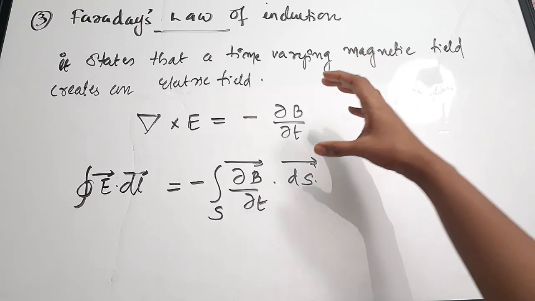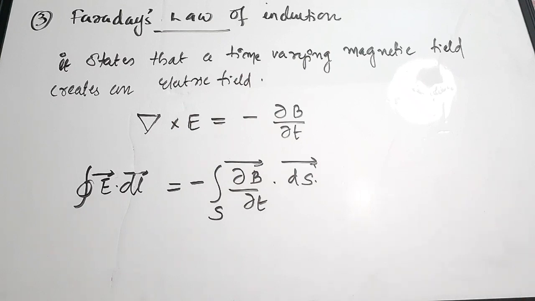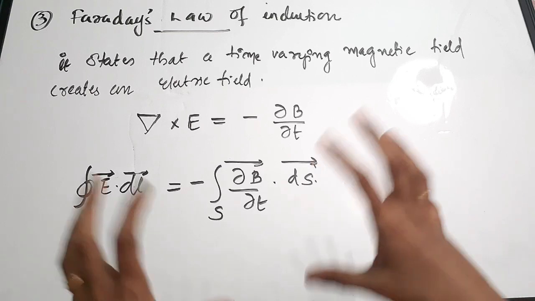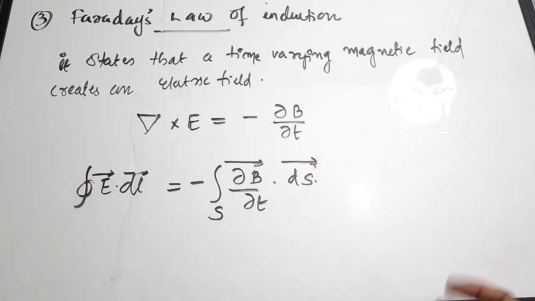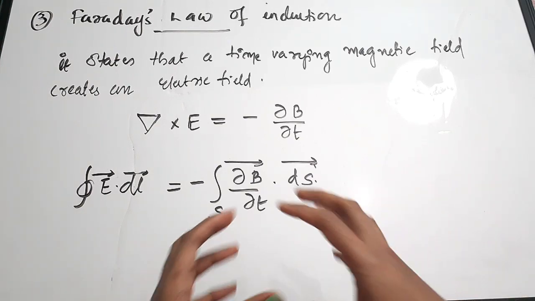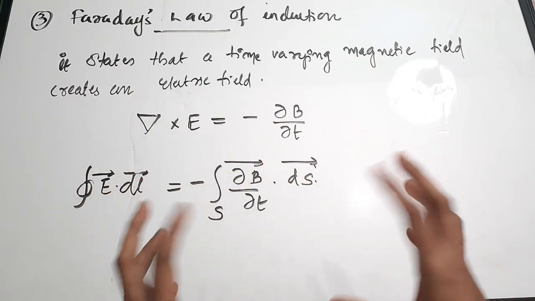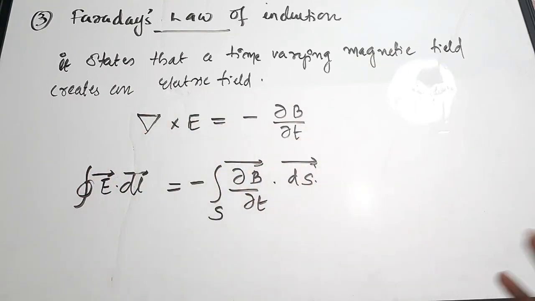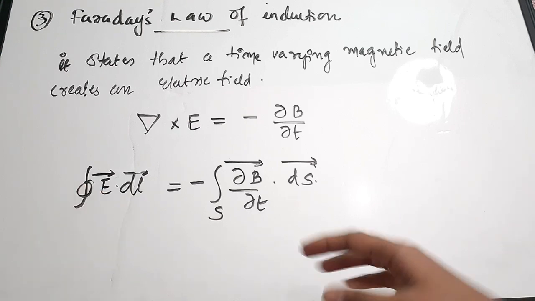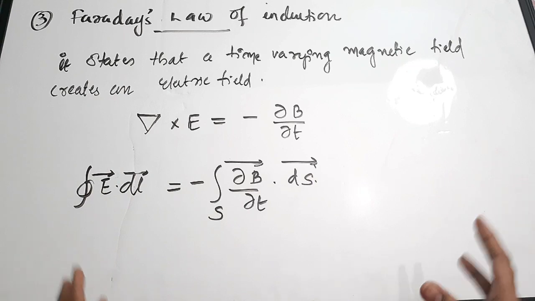So this is a time-varying magnetic field which creates an electric field. That is Faraday's law of induction. The integral form of this equation states that the work per unit charge required to move a charge around a closed loop is equal to the rate of change of magnetic flux through that enclosed surface.